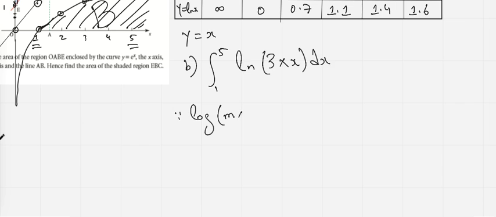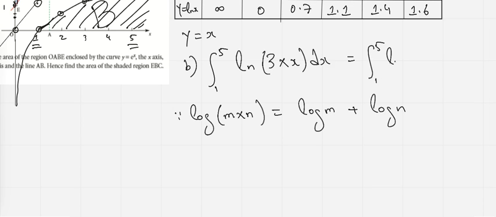The log of a product of two values is actually the sum of the logs of those individual values. So we take the help of this, and it becomes the integral of ln 3 dx plus the integral of ln x dx. I hope it's clear.